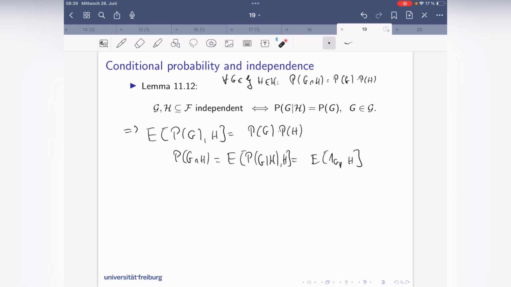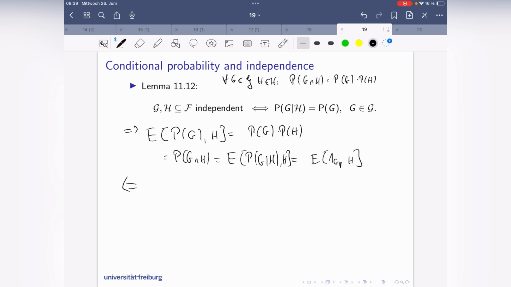And this product here, of course, is this here because that's an expectation of a constant. So I can pull out the constant and I'm left with the expectation of the indicator of H, which is the probability of H. That means I'm done with one direction.